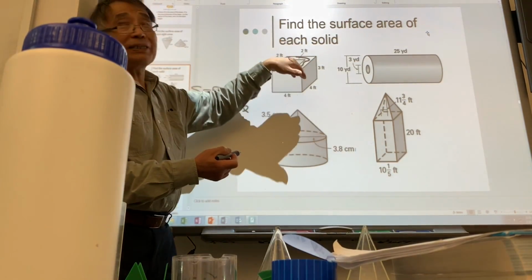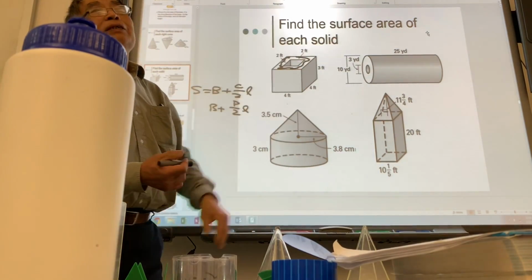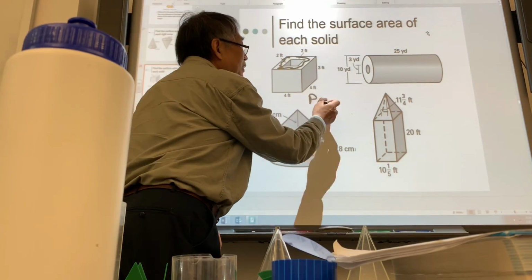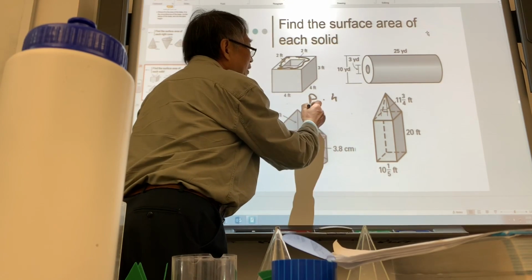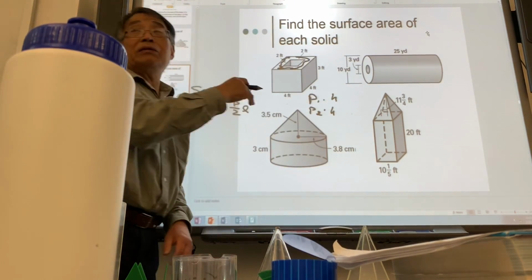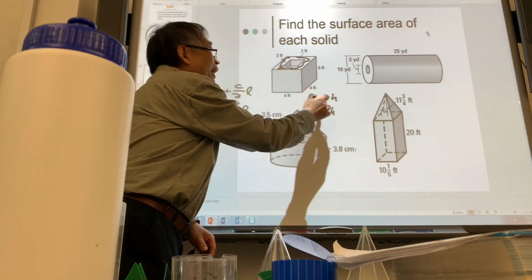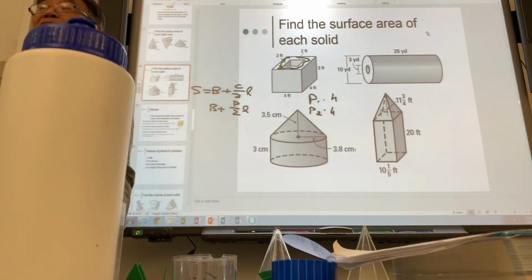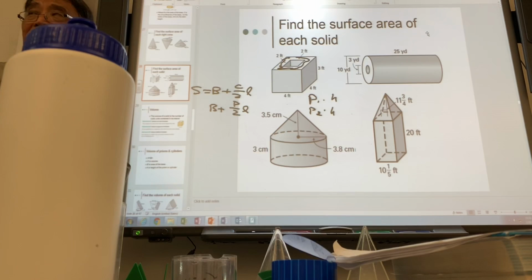You find P1 times height plus P2 times height and add them together. Find the sum of the lateral inside, the lateral outside, and the two tops.